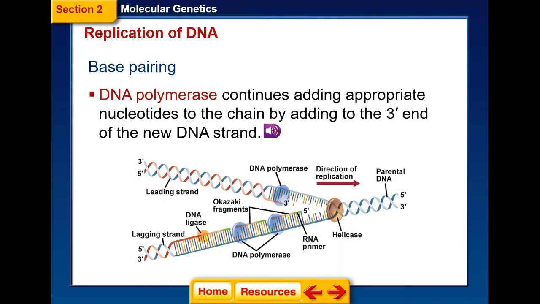Base pairing. DNA polymerase continues adding appropriate nucleotides to the chain by adding to the 3' end of the new DNA strand.